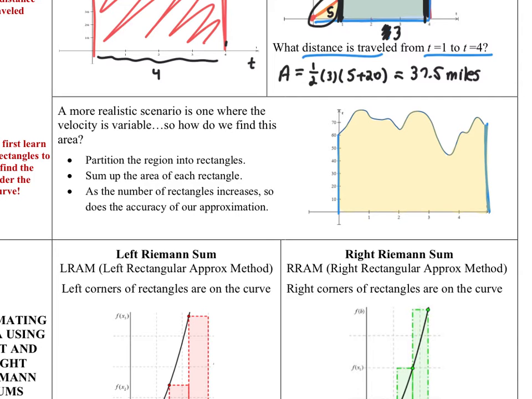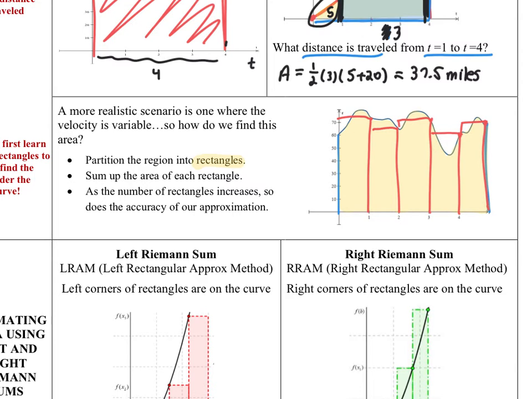So our idea is to divvy it out into rectangles. I could split this region up into various rectangles, and I could find the area of each one of these rectangles, and you can see that that would give me an approximation for the area that I'm looking for.